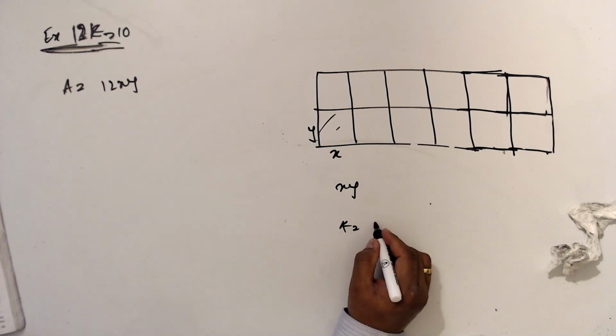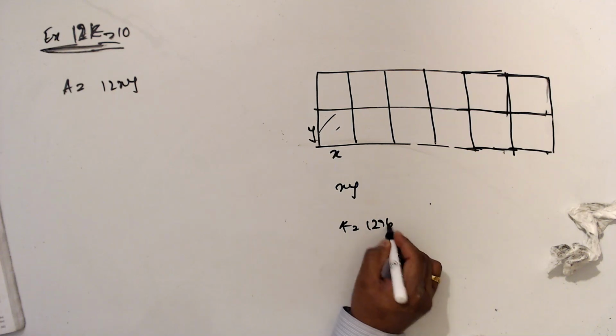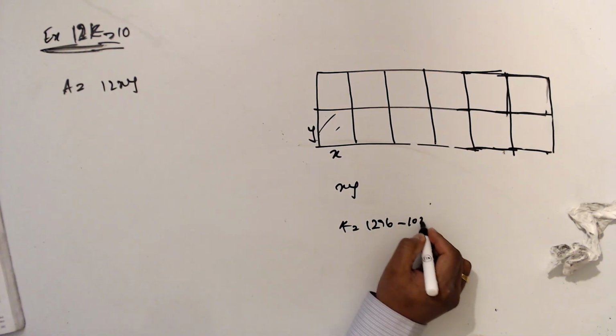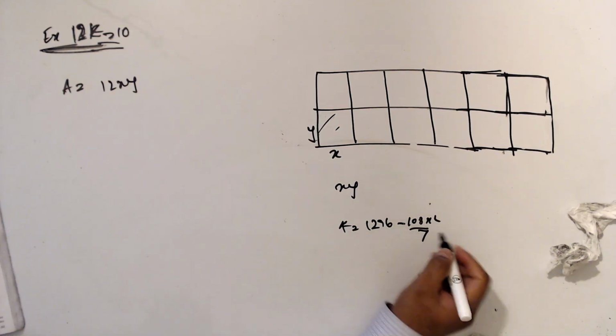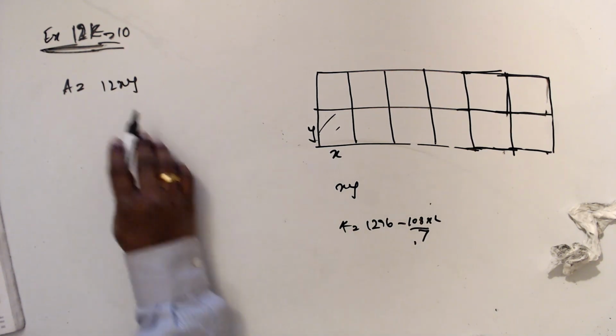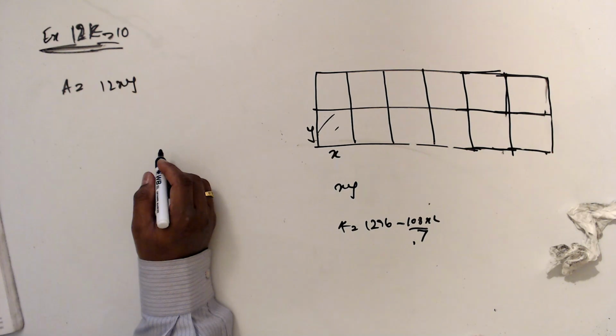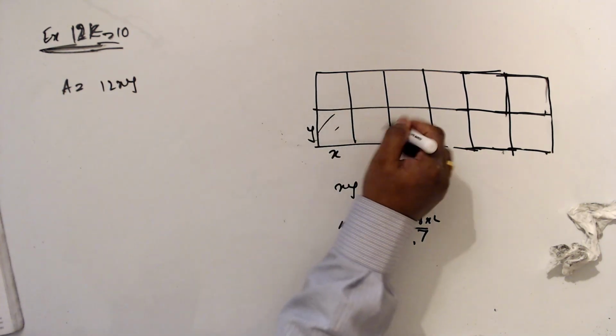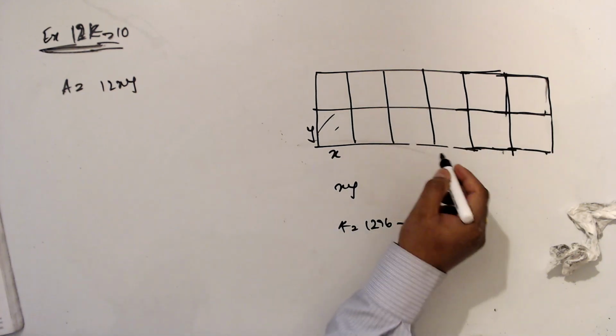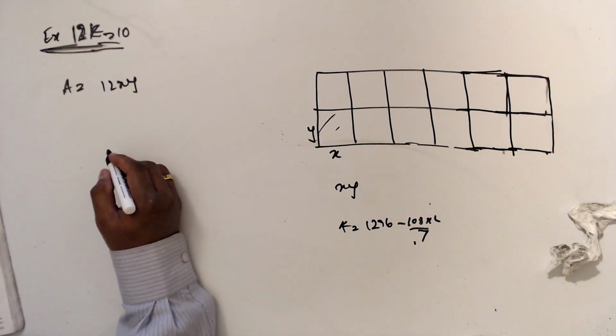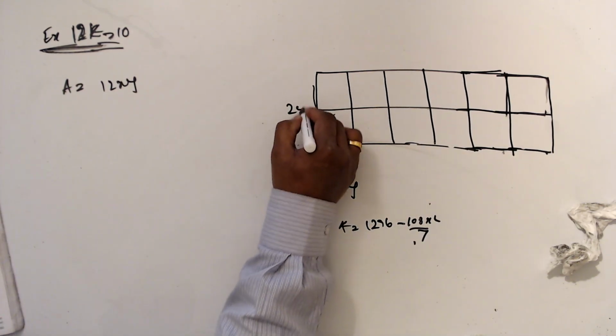A equals 1296x minus 108 x square over 7. So there is no y, so I have to get rid of y. To get rid of y, they have given the whole length of the frame. So how do you find the length? This distance is 2y.